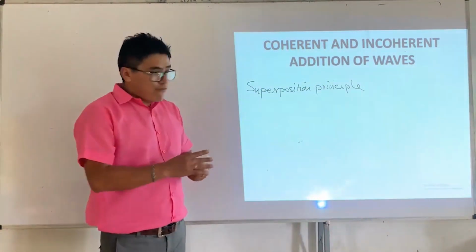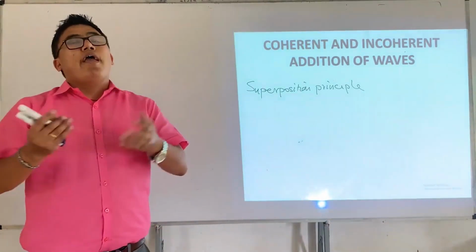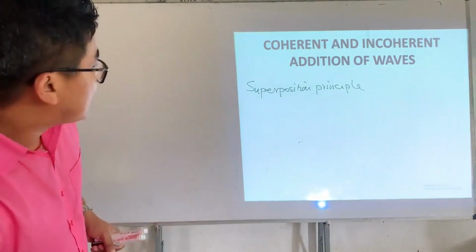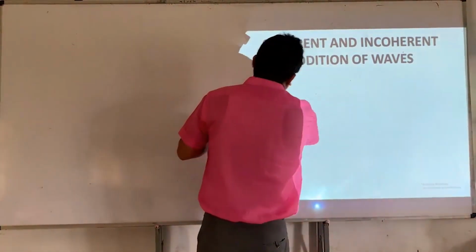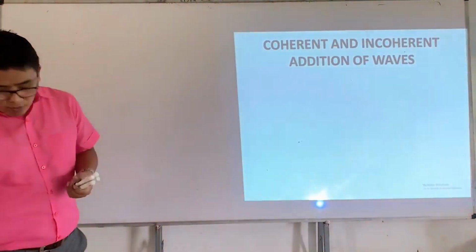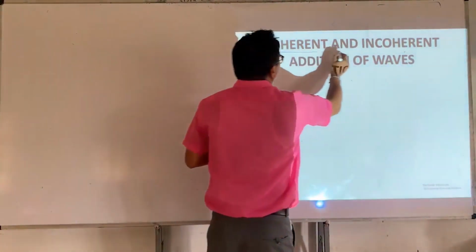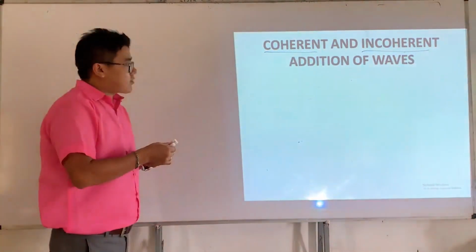Before I do interference, or addition of two waves, I would like to discuss two different kinds of waves or sources. We are going to discuss coherent waves or coherent sources, and incoherent waves or incoherent sources.